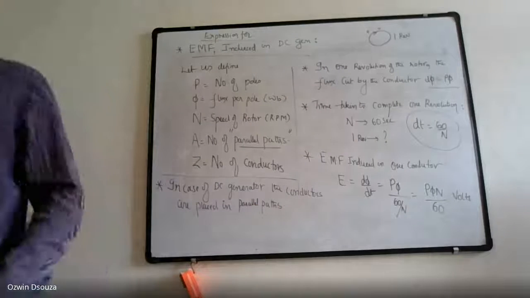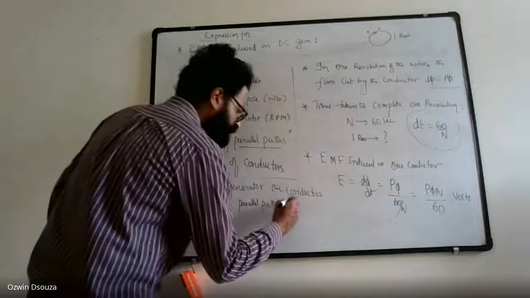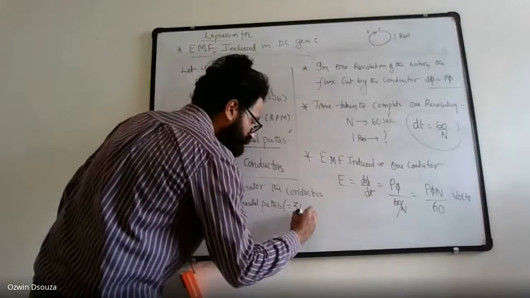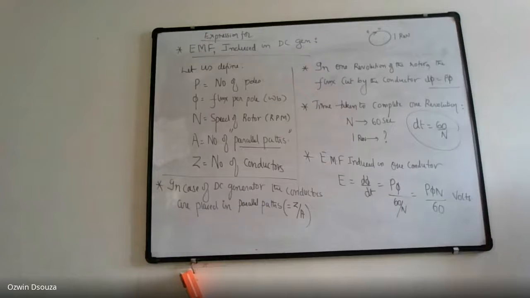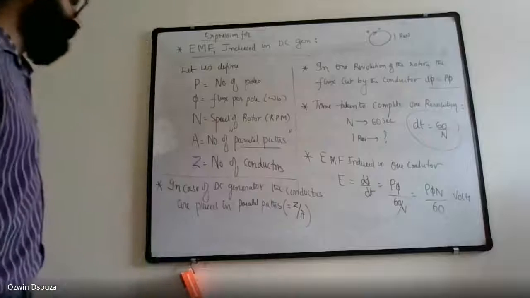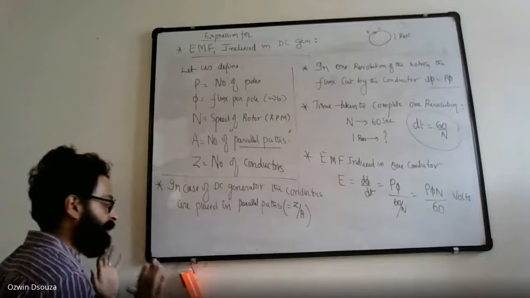The conductors are basically placed in parallel paths, which can be taken as Z by A, where Z is the number of conductors and A is the number of parallel paths.